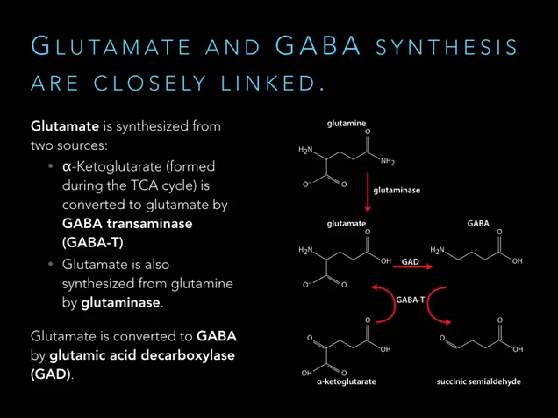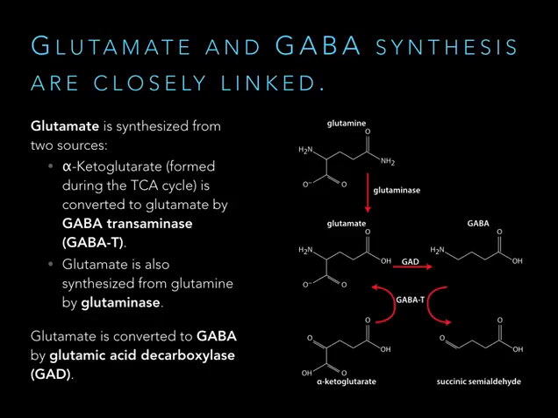So alpha-ketoglutarate is a component of our Krebs cycle. So this is an important metabolic substrate. So it's not ideal to take away alpha-ketoglutarate to make glutamate. So principally, we'd prefer to use glutamine to make glutamate and preserve our alpha-ketoglutarate so we can continue to make ATP.